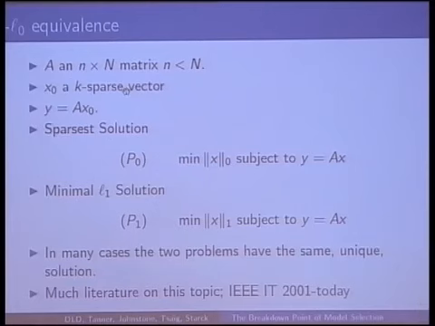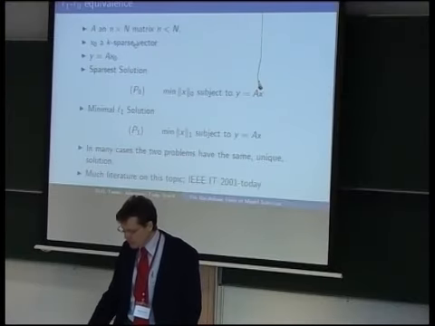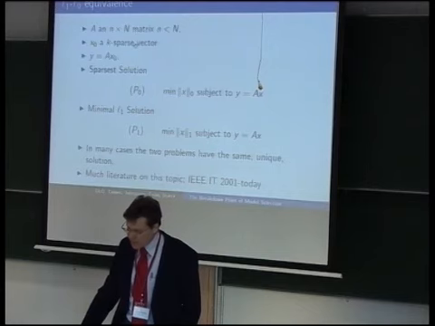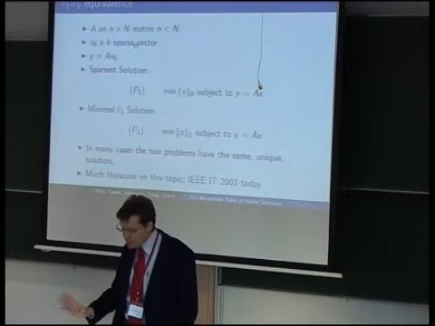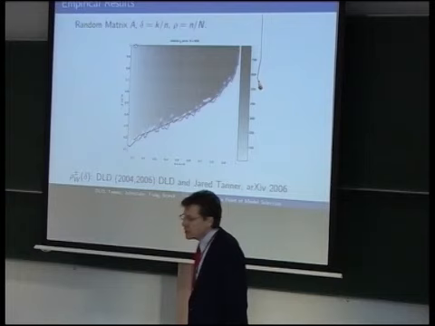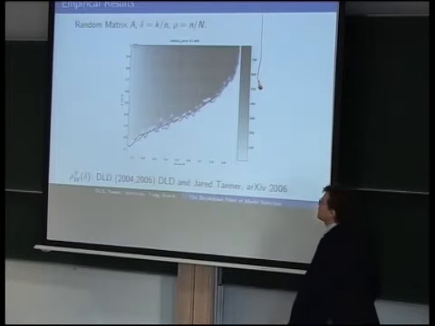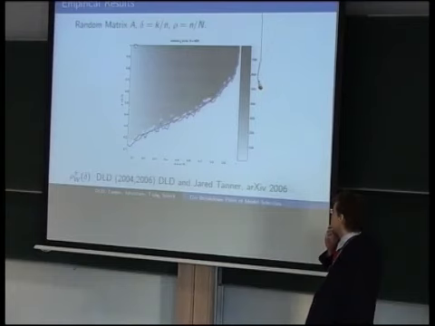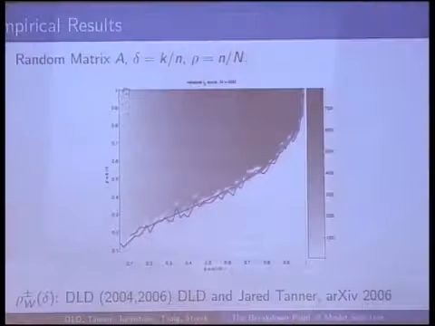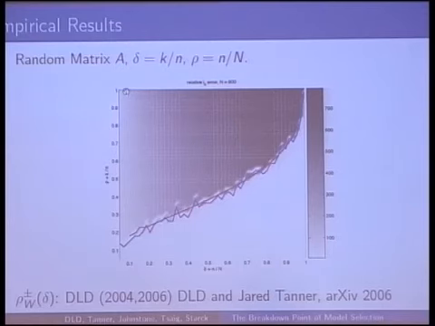There's a lot of published literature on this topic since 2001, and many things could be said. But basically, there's this phenomenon that the solution to one problem is the same as the solution to another problem under certain conditions. So here's an example. We take a random matrix A, and as an example, we could let the matrix have Gaussian IID elements. Another example, we could let A be a random orthoprojector, like the first little n rows of a randomly chosen orthogonal matrix.